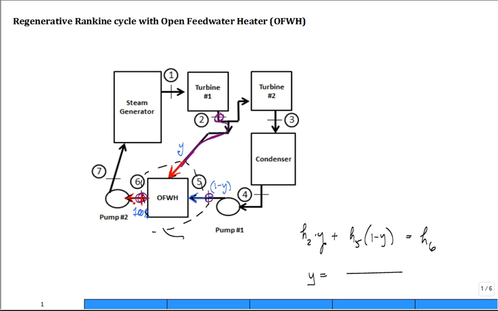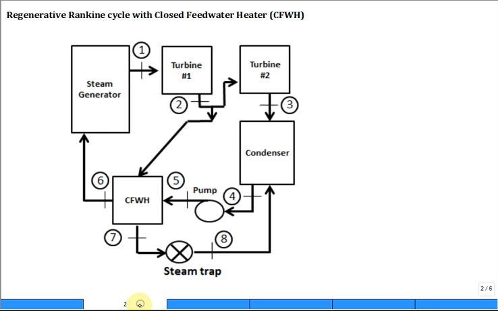All right. Well, the purpose for the regenerative vapor power cycle is to increase the temperature of the feed water going into the steam generator. Here is a closed feed water heater instead of an open feed water heater. Let's take a look at it.